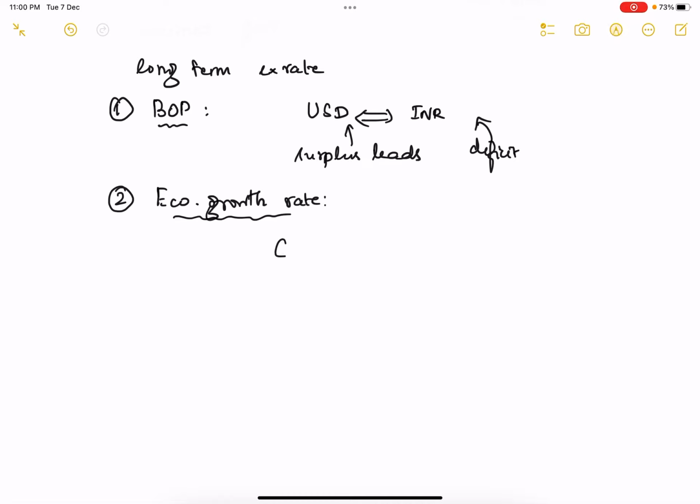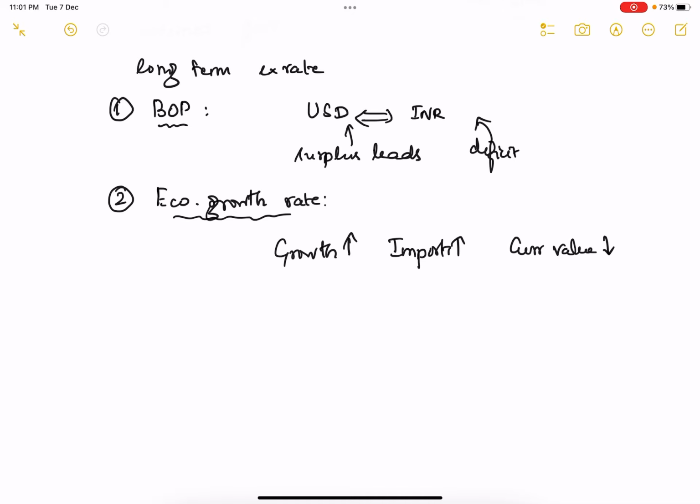We'll move on to the second fundamental reason, which is economic growth rate. When there is high growth, it will give rise to imports, and thereby the currency value will fall. For example, as I told you, USD is considered to be the strongest currency, and where there is high growth in America, imports will increase because it will have the capability to buy goods for USD.